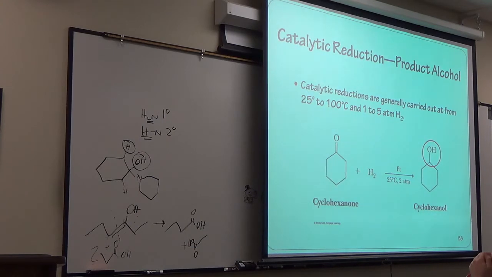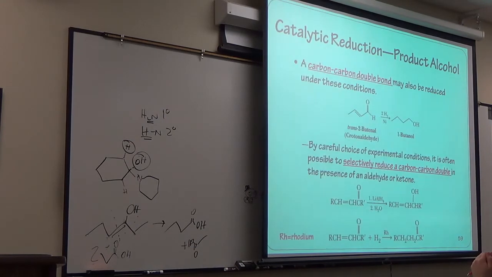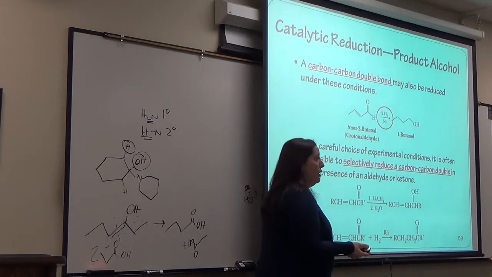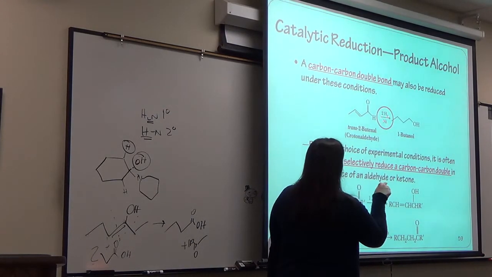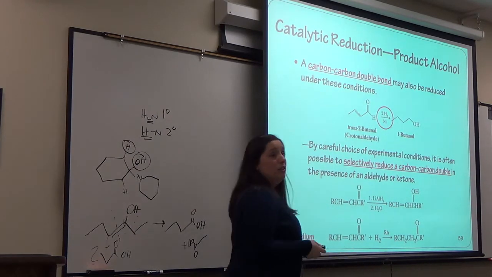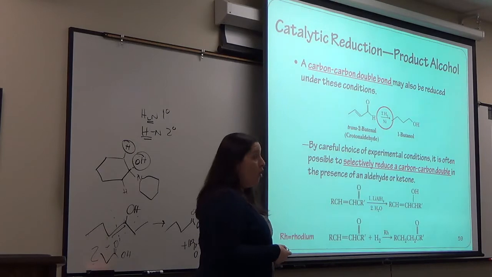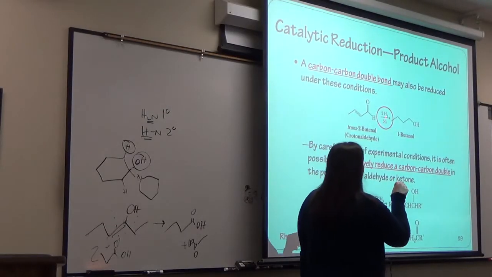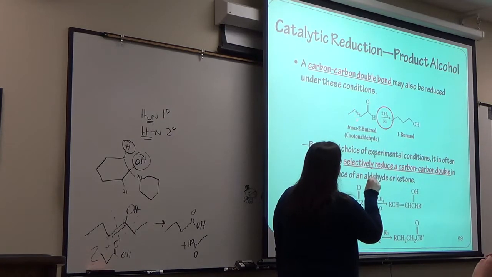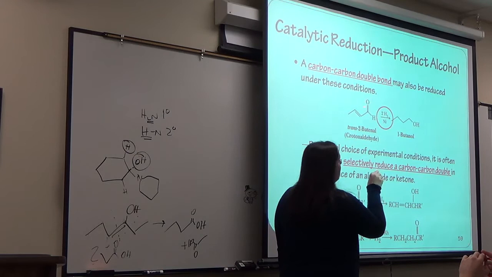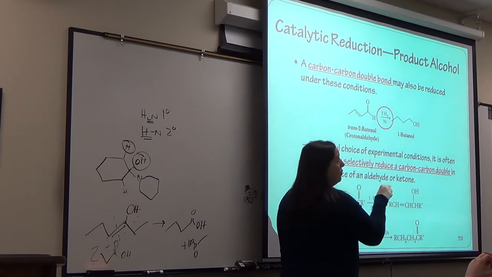Does that make sense? So now what happens if we take this reagent, the catalytic reduction? We also saw this for alkenes, didn't we? That's a reducing agent for carbon-carbon double bonds. So would you agree with me that if I had this reagent, I would reduce both the double bond to a single bond, and I would reduce my carbonyl to an alcohol?